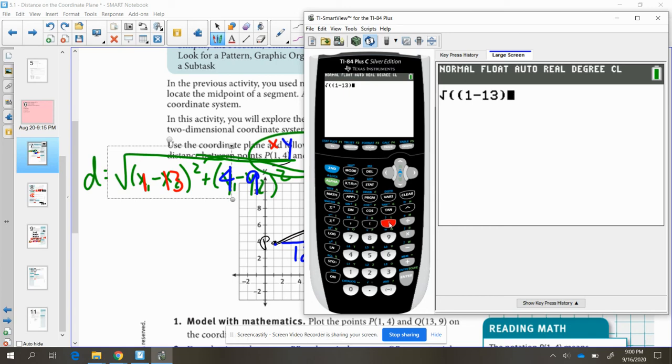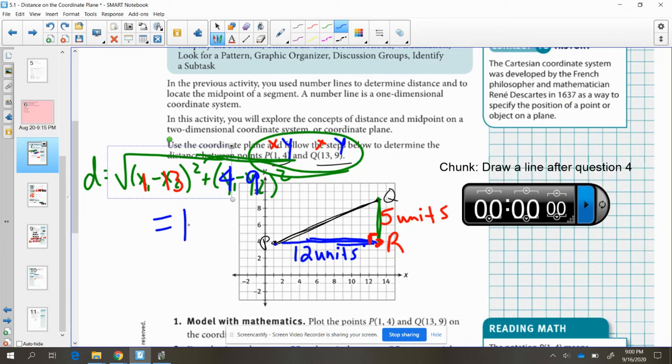You're going to close that parenthesis, and you're going to square it. And then you're going to do plus 4 minus 9, close that parenthesis and square it. And then when you close this, that's saying all this stuff came underneath the radical. And you're going to get that answer that we got before of 13. No triangle drawing necessarily involved.